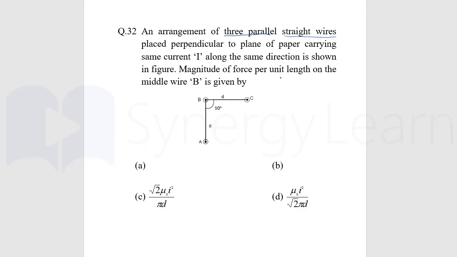Magnitude of force per unit length on the middle wire B is given by. So this wire will attract this wire this side and this will attract it this side. Let the force per unit length be F, then this will also exert force per unit length as F. So their resultant will be F root 2.